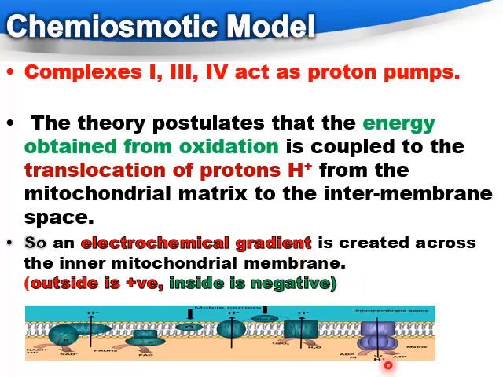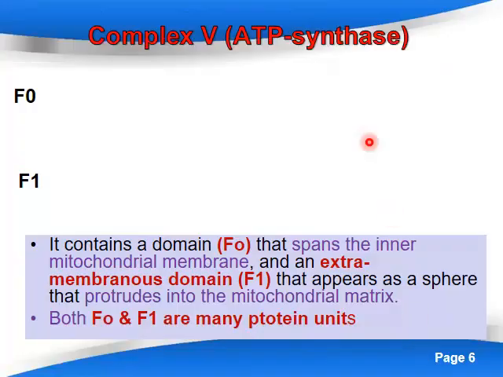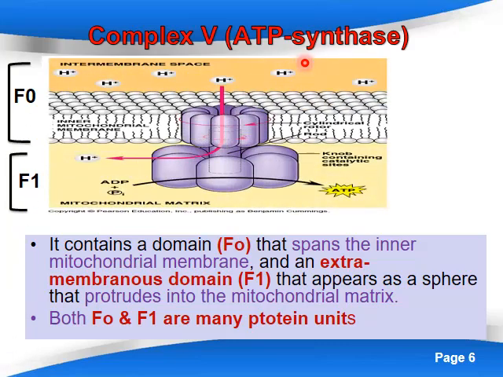Complex 5 allows entry of protons down this concentration gradient, which generates energy, and this energy is utilized in the phosphorylation of ADP into ATP. So this couples oxidation to phosphorylation. Complex 5 is called ATP synthase.